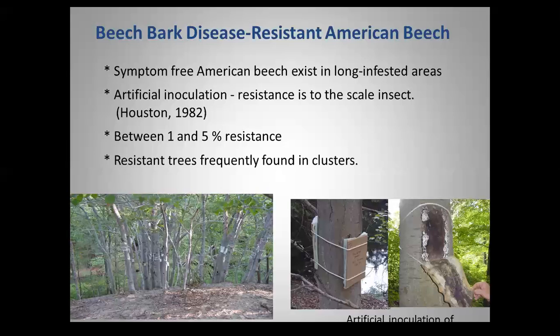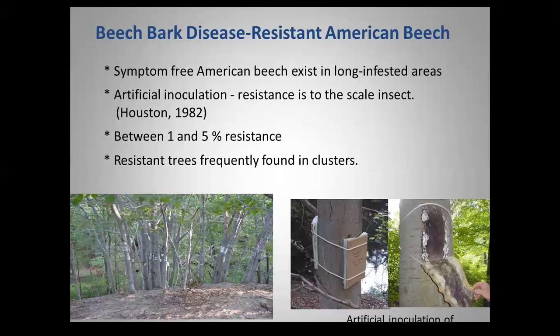So when you inoculate with fungal bark plugs, you can cause a fungal infection, but without the scale causing all of the entry wounds into the bark, typically the fungus is not an issue.